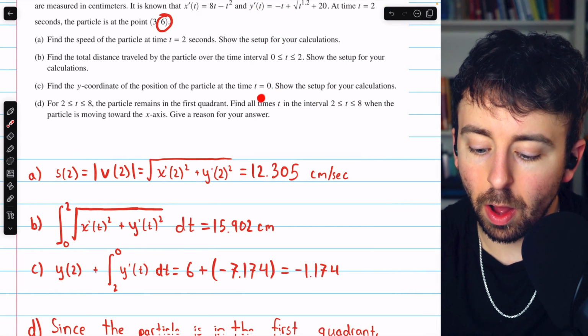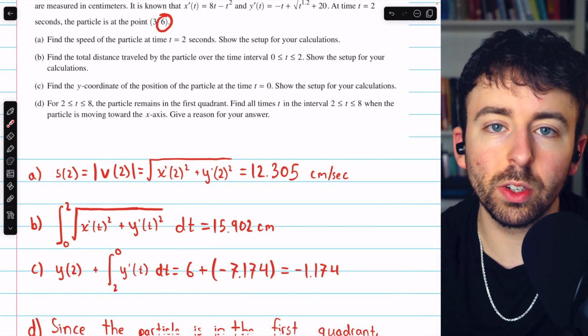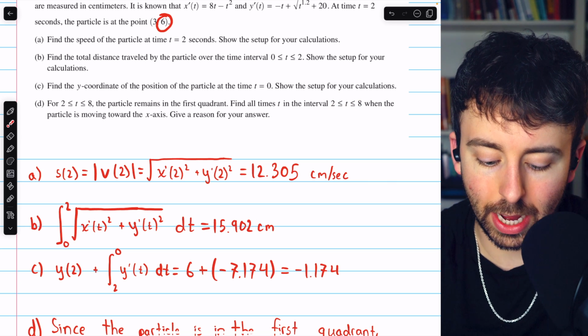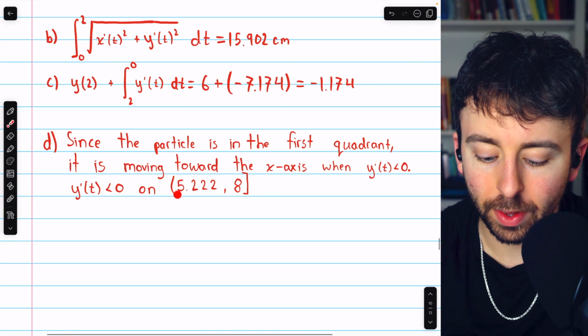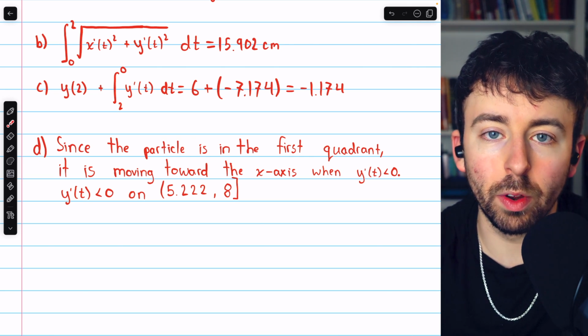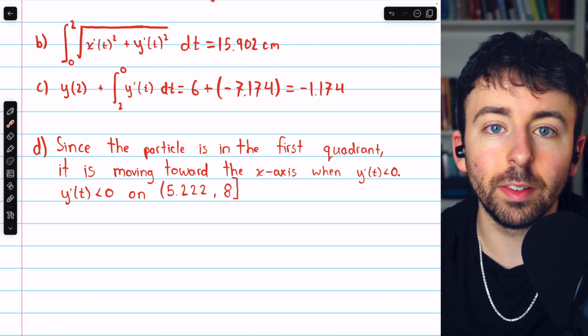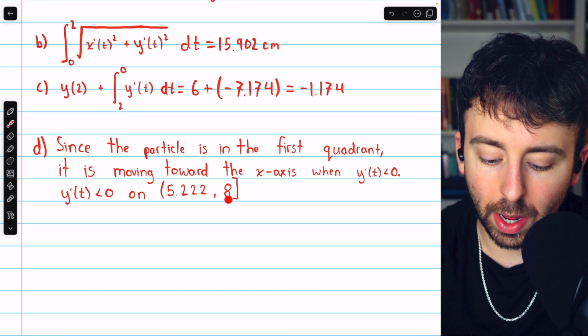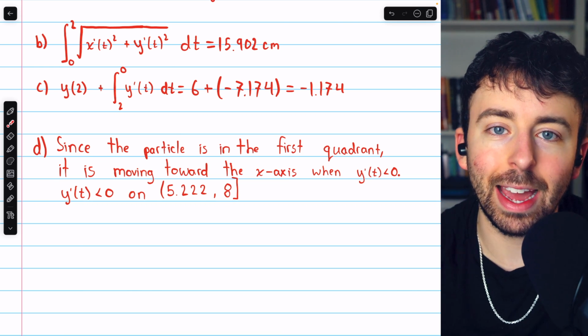Thus, the interval of all times when the particle's moving toward the x-axis, between 2 and 8, starts at 5.222, because that's when the derivative of y switches from positive to negative, and then all the way up through 8, it's negative that entire time.